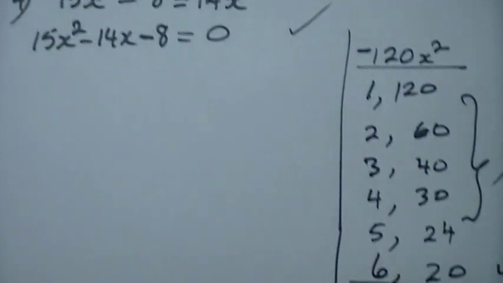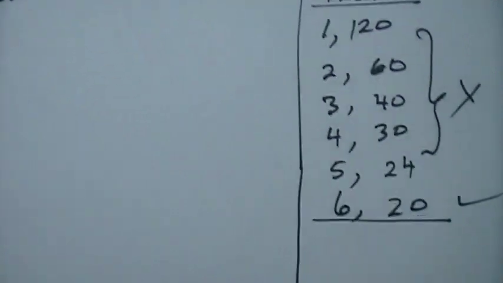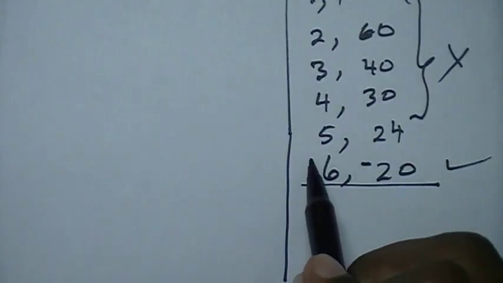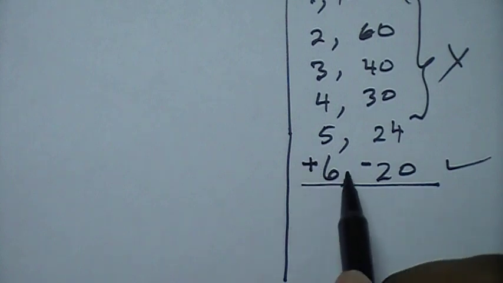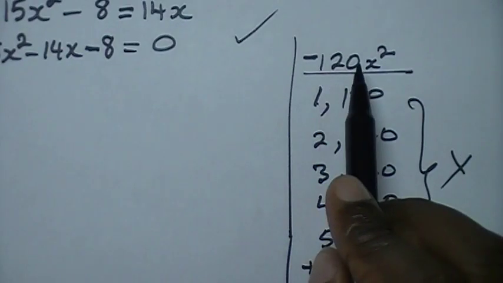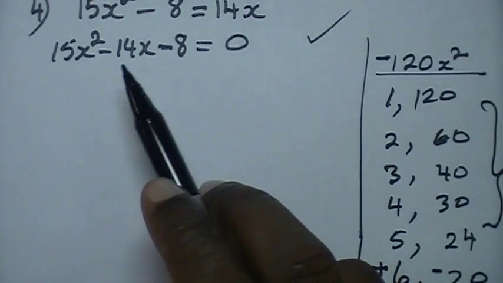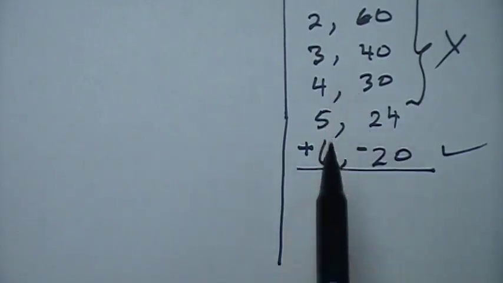So we're going to give the bigger number the sign of the middle term, which is the negative 20, and this one will be positive. Multiplying these two will give us negative 120, and adding them will give us negative 14. It's negative 20, you add 6 to it, you get negative 14.